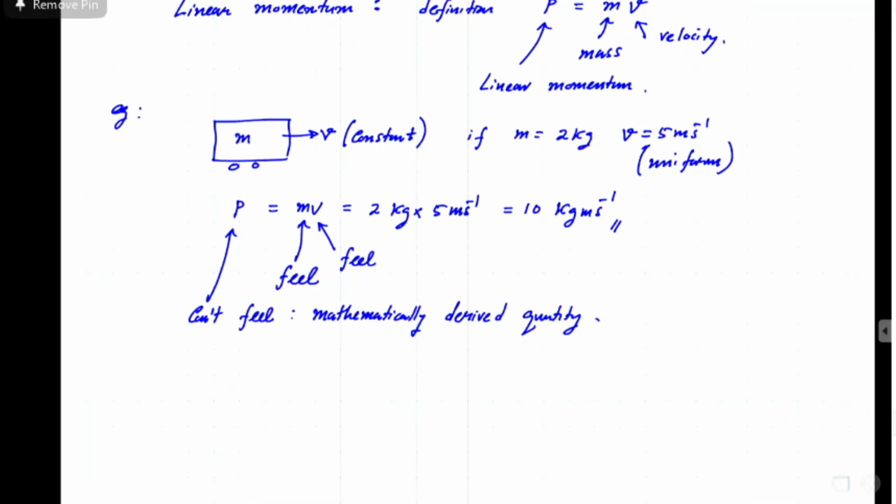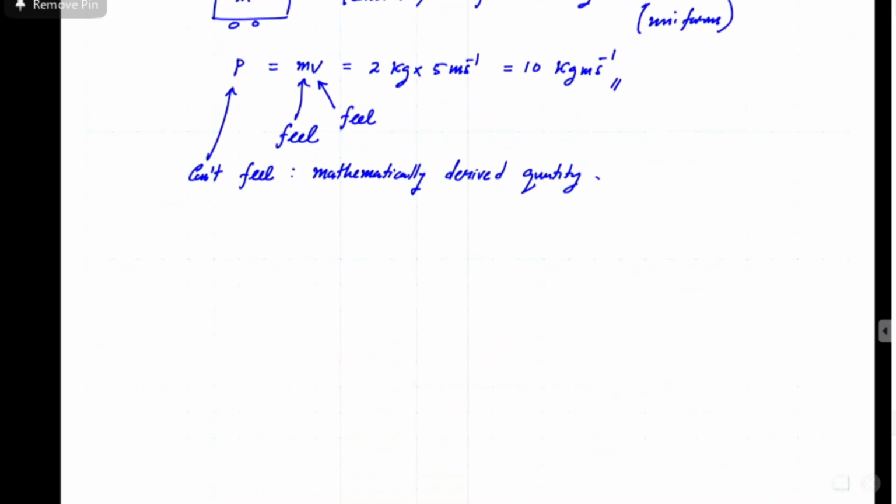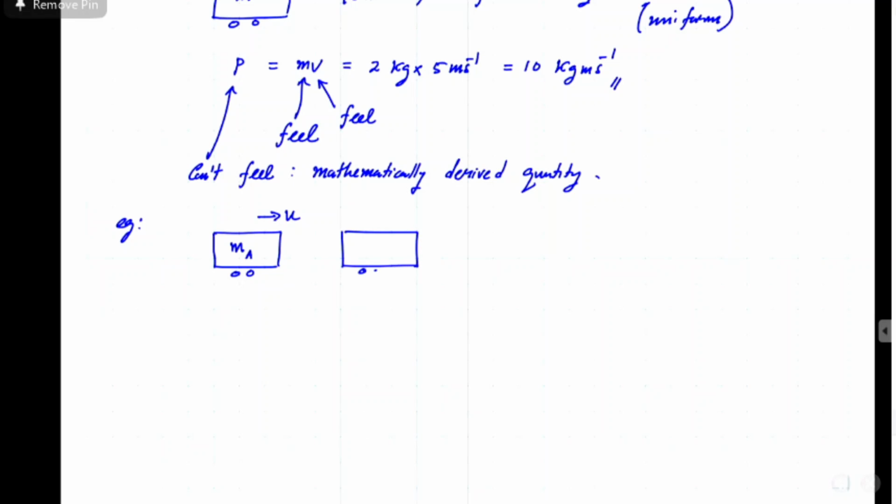Now, another example. You have a car here, which I would say mass MA, moving with velocity u. There is another car here, MB, whose initial velocity is 0. Then what will happen here? Collision is happening, right?